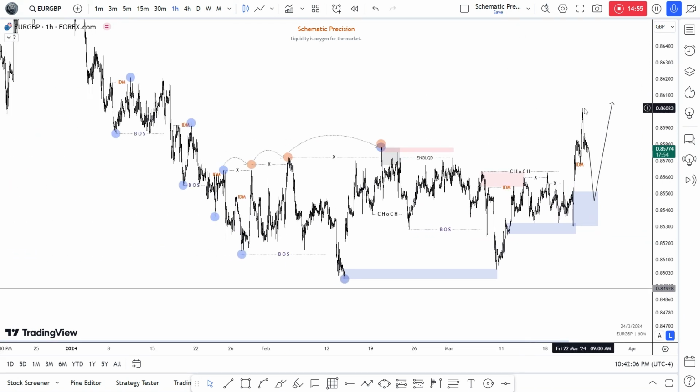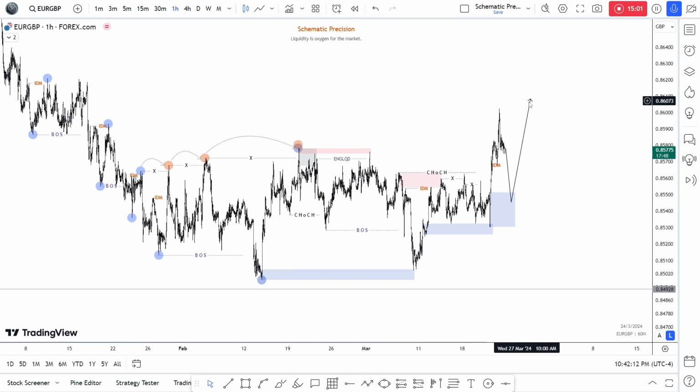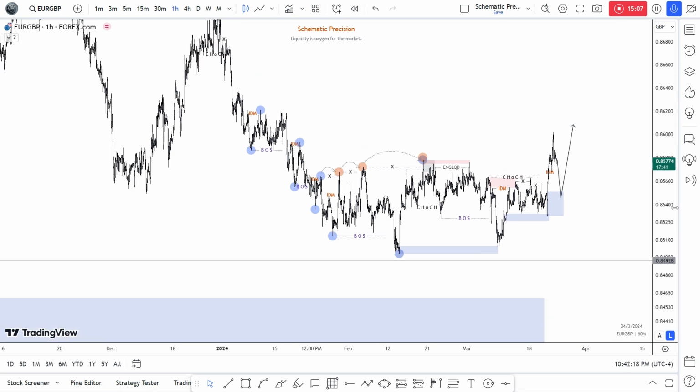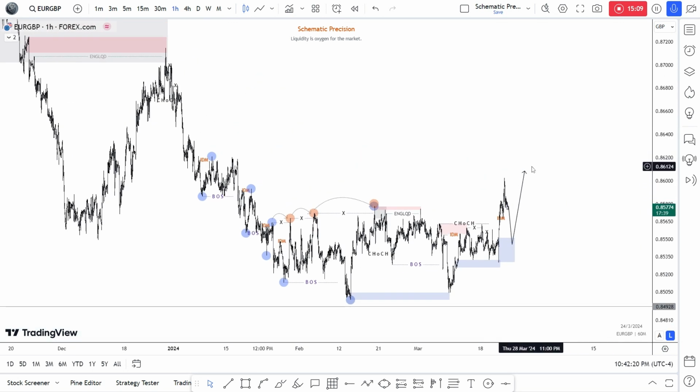Target this high, nothing else. Then after this high has been taken, we'll look for another sell opportunity for this low. Right? I'm not expecting price to go too high here. I'm expecting just a surge above this recent high before the downfall.